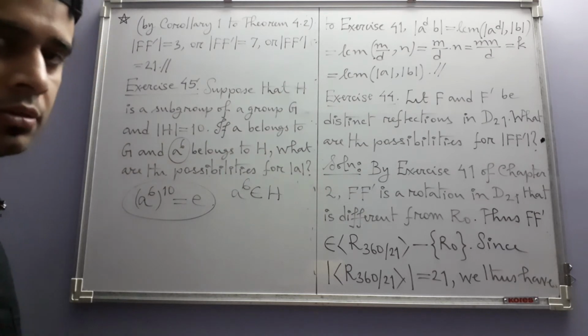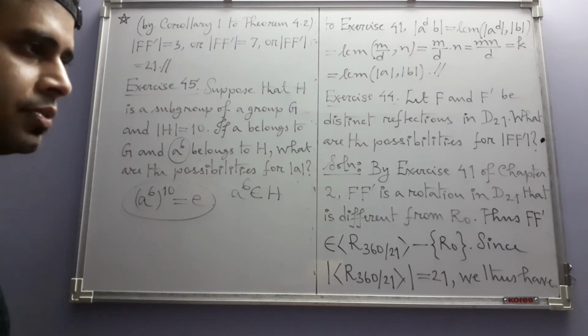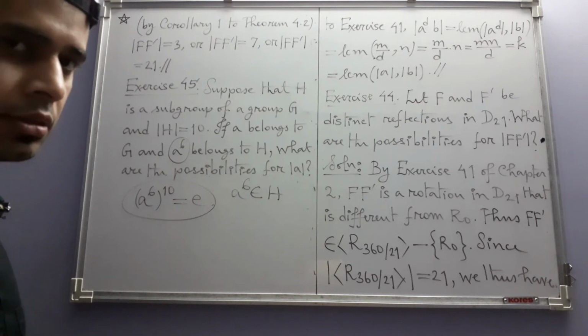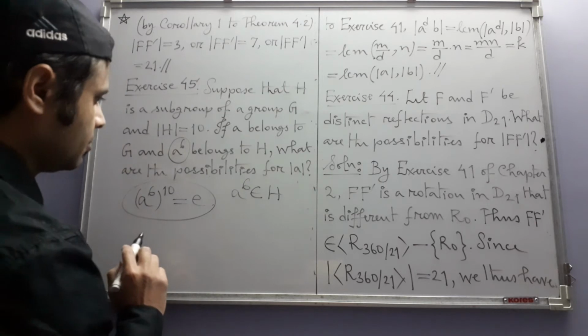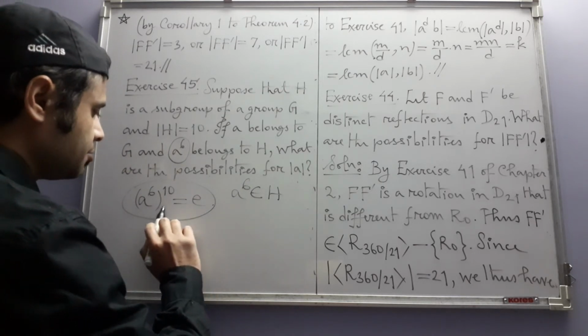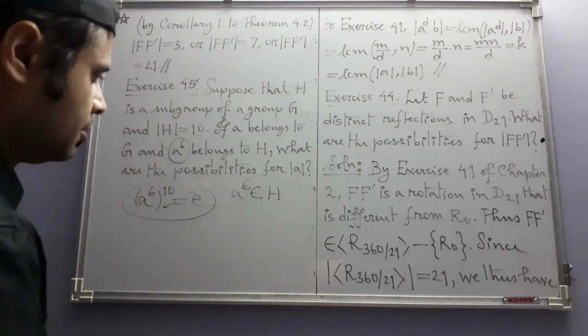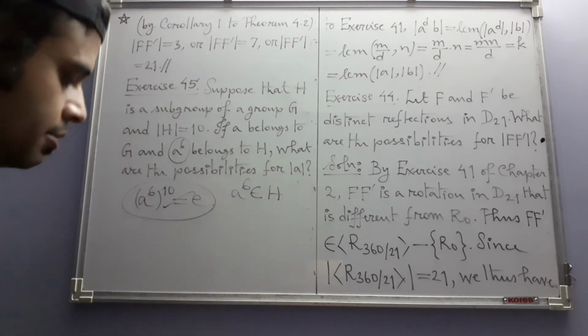We don't have that result yet. Maybe they have forgotten that thing, or maybe they are following some book where Lagrange's theorem is available. Now, without using Lagrange's theorem, you have to show this. I have so far been unable to show this.